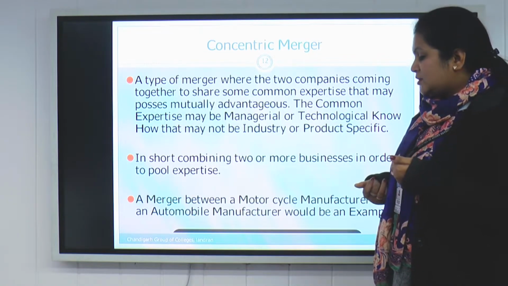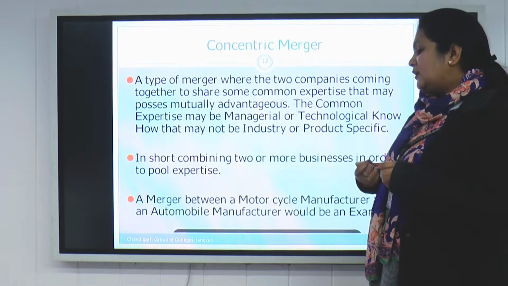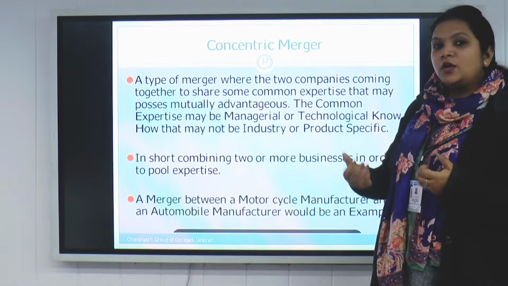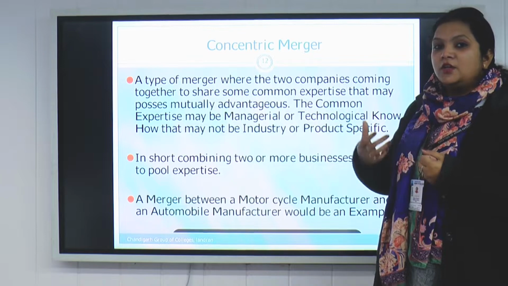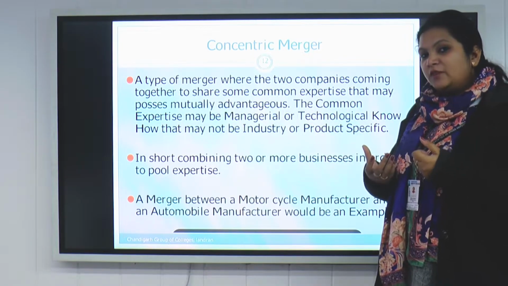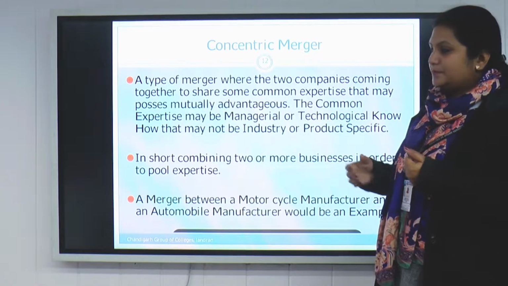Right? A merger between a motorcycle manufacturing firm and an automobile manufacturing firm would be an example. For example, Hyundai and Honda come together. The two-wheeler segment of Honda and the four-wheeler segment of Hyundai come together and form one single entity, which would be called a concentric merger.